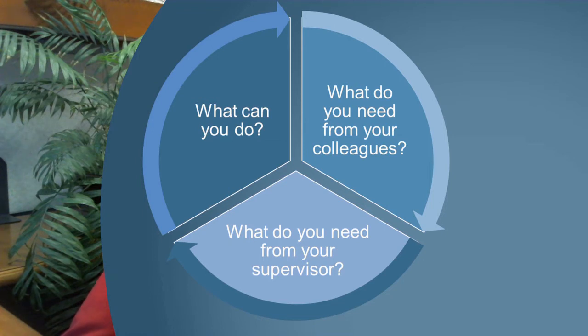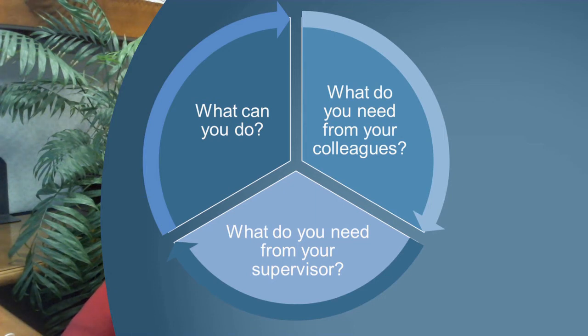First, what can you do? Meaning, are there any strategies that you can implement now without system-wide implementation? For example, can you commit to working with youth to prioritize what they want to work on first? Or can you begin using the SMART methodology when you are drafting case plan goals? Second, what do you need from your colleagues?